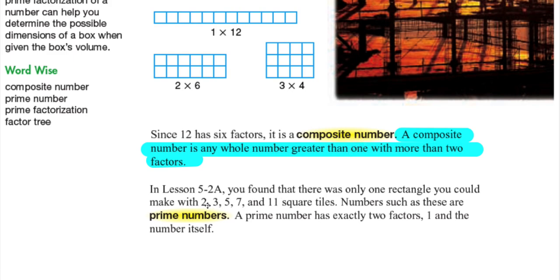But if you have a number that you can only make one rectangle with, such as 2, 3, 5, 7, and 11, with square tiles, they are considered to be prime numbers. The number 12 has 3 rectangles, so it is a composite number.